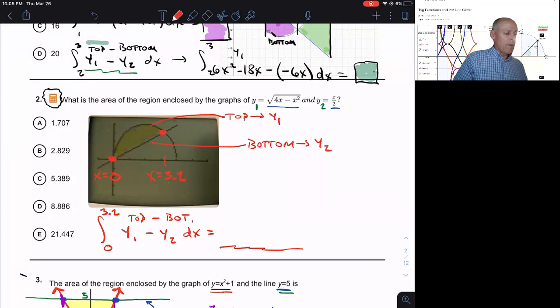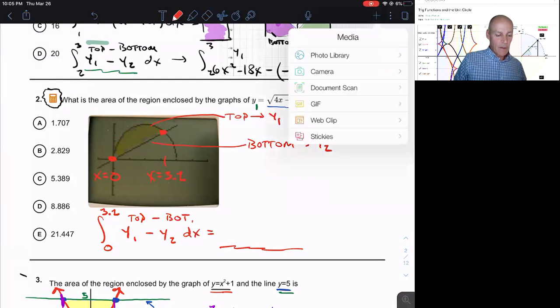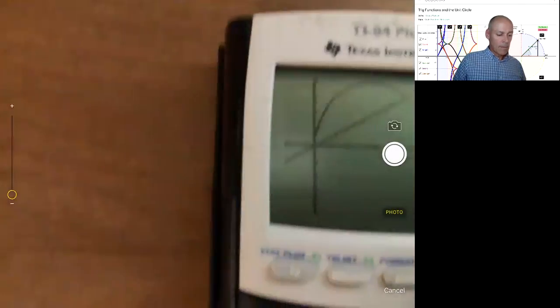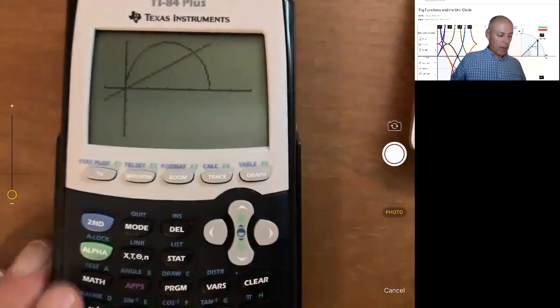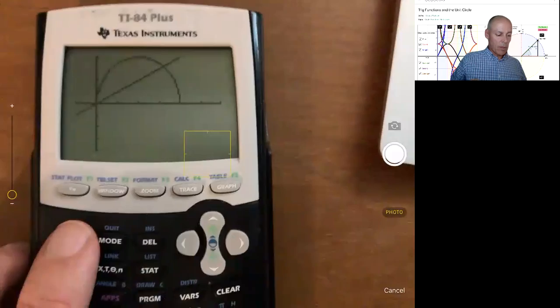Okay, now I'm going to show you how you can do that in the calculator. And again, remember, I already have entered in my calculator, y1 is square root of 4x minus x squared, and y2 is x over 2. Okay, so here we go. Looking at the calculator, what I want to do is go to my home screen. So I'm going to quit out of my graph.